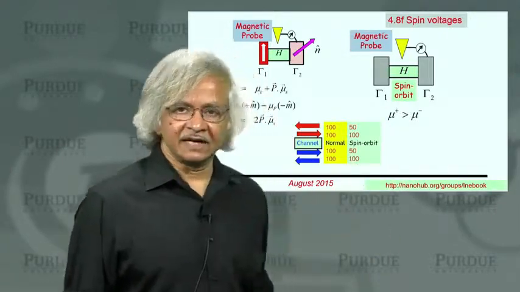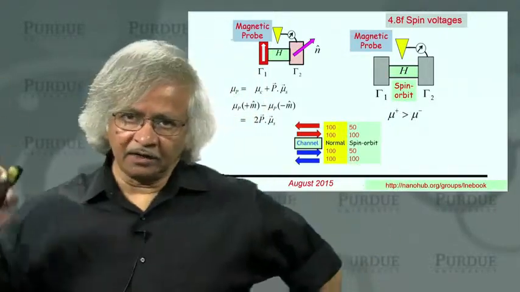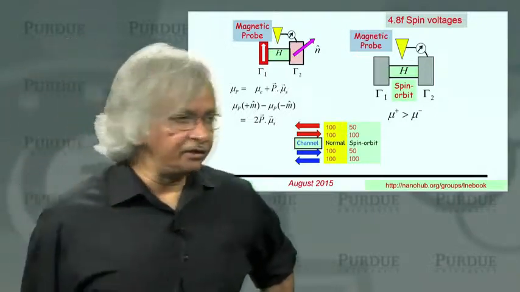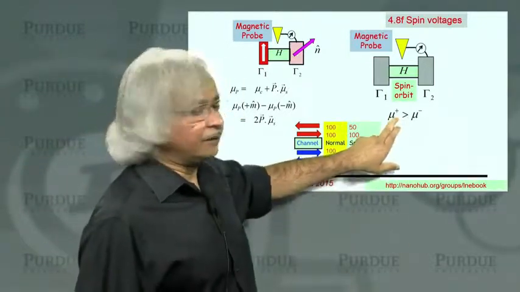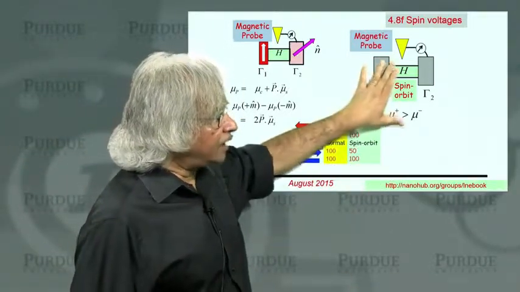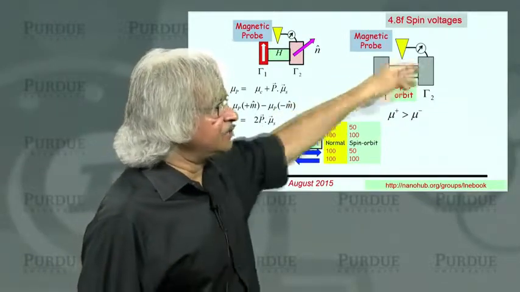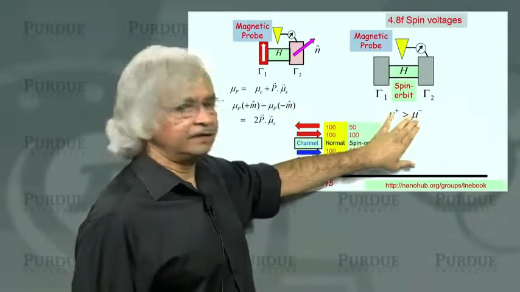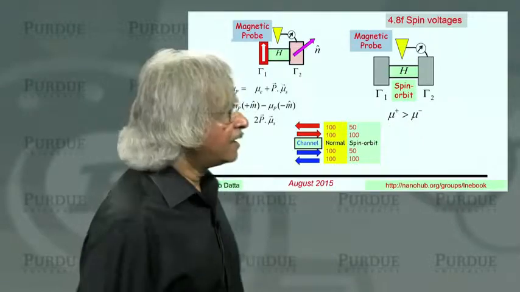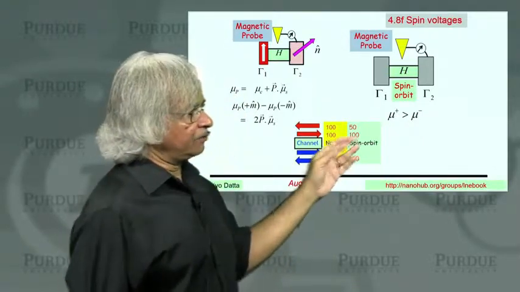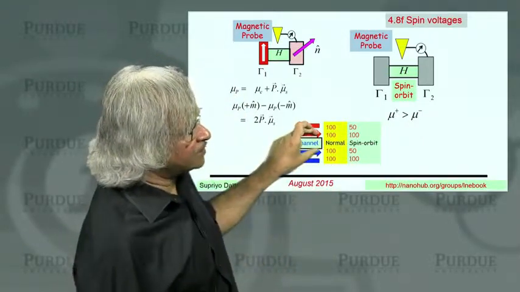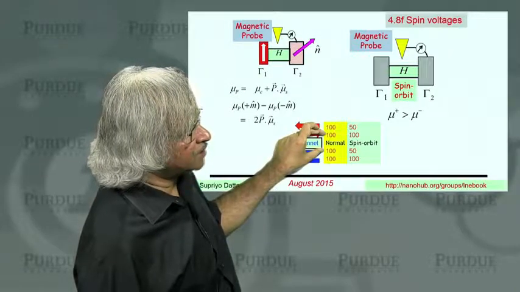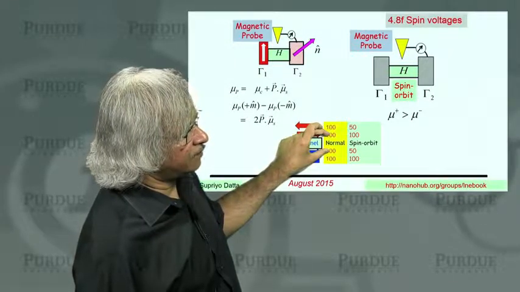As we had discussed earlier, both in part A and also earlier in this course, in part B, when current flows, the right moving states are more occupied than the left moving states. And in a material with spin orbit, what happens is if you look at the right moving states, usually you'd expect there would be 100 upspins, 100 downspins.